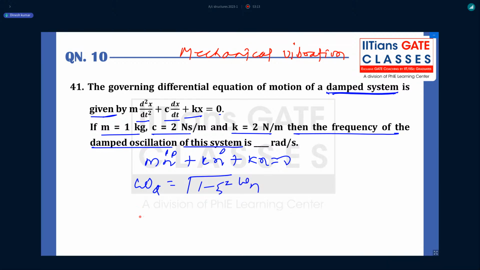Here omega n is under root k by m, and zeta is c upon 2 under root k m. So first find the natural frequency and zeta, and then find the frequency of the damped oscillation.